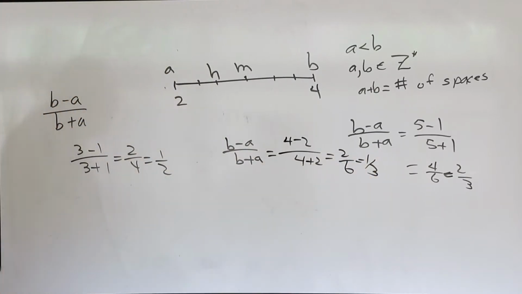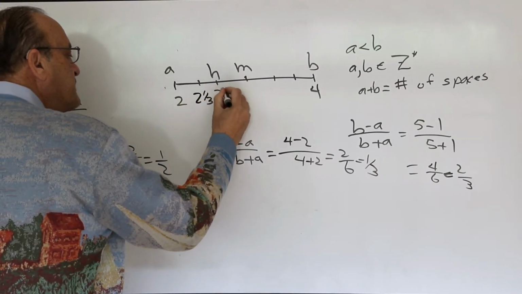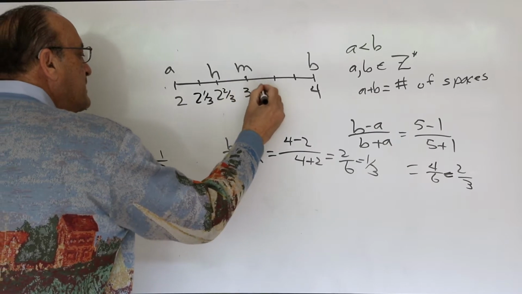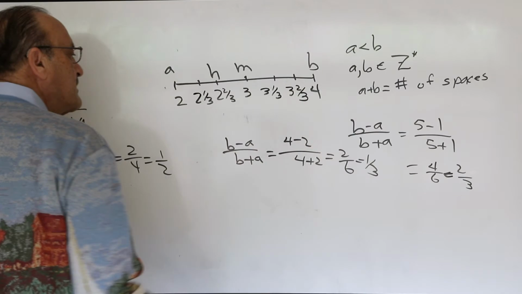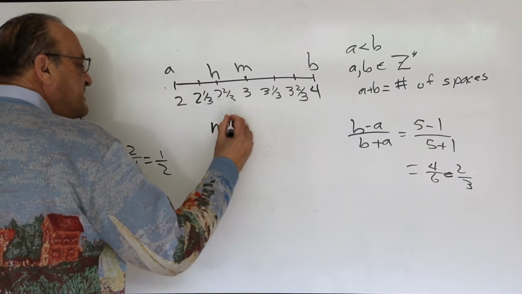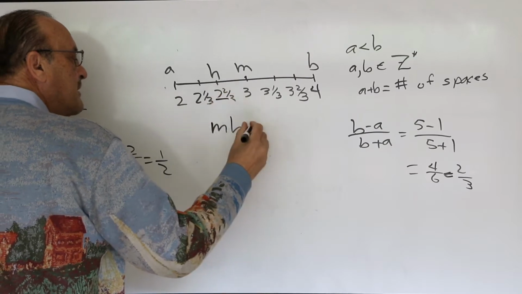Well, adding by 1/3 is easy. You don't need the chewing gum method. So it's 2 1/3, 2 2/3, 3 1/3, 3 2/3. So again, m times h equals 3 times 2 2/3.